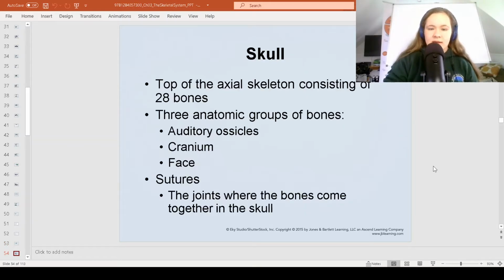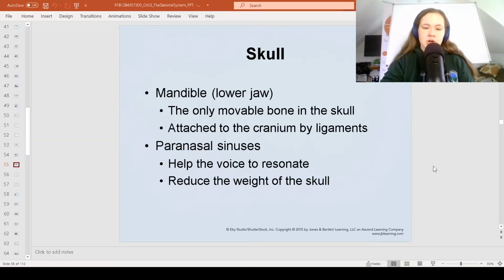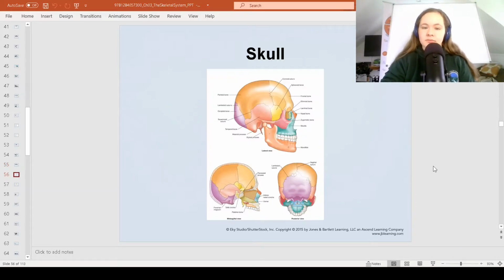The skull, the top of the axial skeleton, consists of 28 bones, or 3 anatomic groups of bones: auditory ossicles, cranium, and face, plus the sutures, the joints where the bones come together in the skull. The mandible is the lower jaw, the only movable joint bone in the skull, attached to the cranium by ligaments. Paranasal sinuses help the voice to resonate and reduce the weight of the skull.